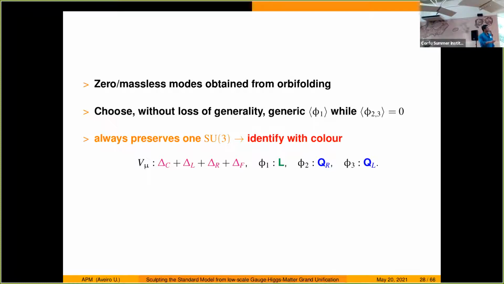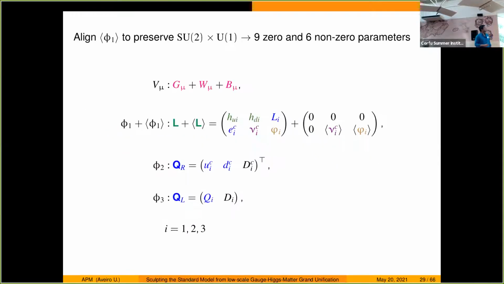With Wilson lines here in phi 1, we have to identify phi 1 with the leptons, and also the Higgs are here. And then phi 2 and phi 3 are going to be containing the right-handed and the left-handed quarks. In terms of electroweak symmetry representations, to be more familiar, the L can be decomposed in this way.